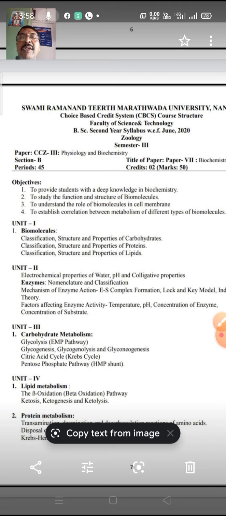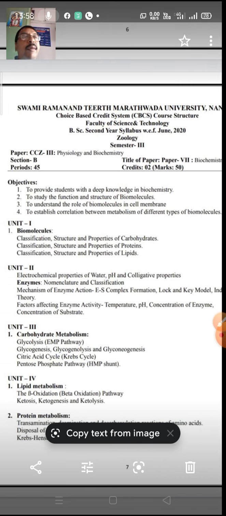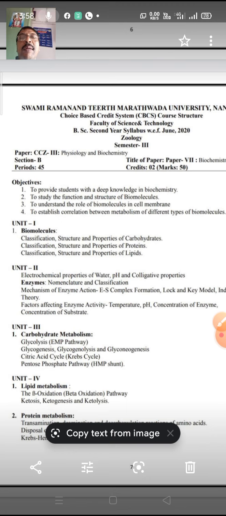That is why this paper is introduced. The aim of this paper is to study the function and structure of biomolecules, to understand the role of biomolecules in the cell membrane, and to establish correlation between metabolism of different types of biomolecules. Now this paper of biochemistry, paper 7th BSc second year third semester, is divided into 4 units.